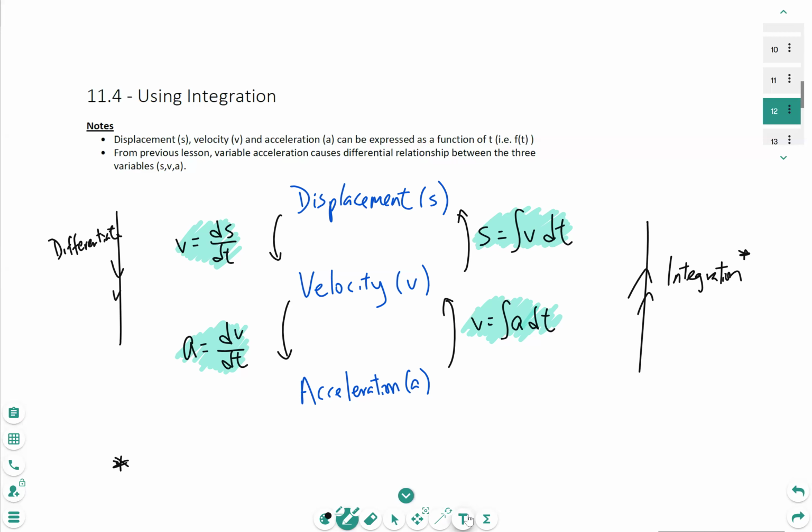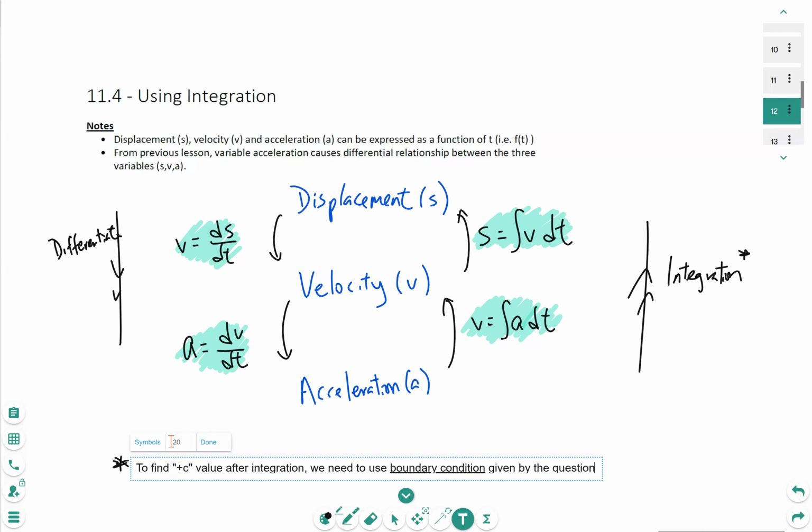To find the plus c value after integration, we need to use what we call a boundary condition. I'll explain what it means. You will see an example given by the question, sometimes hidden.